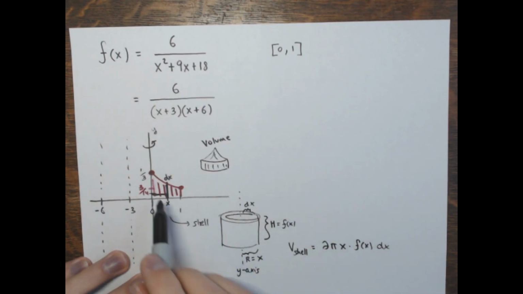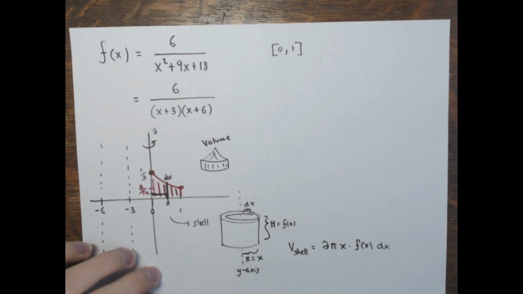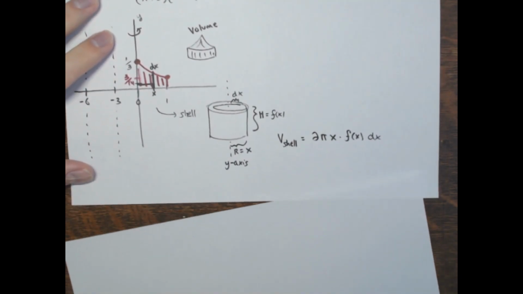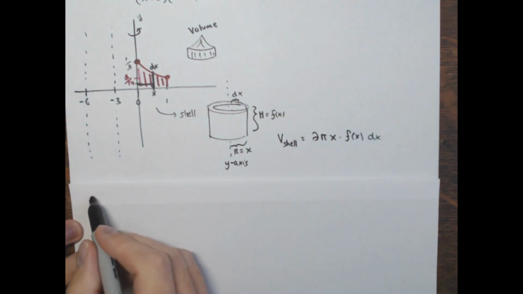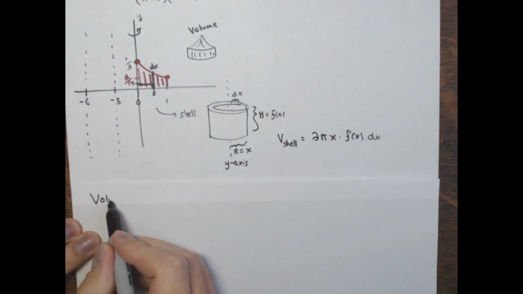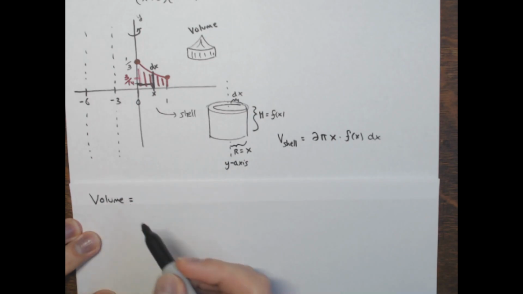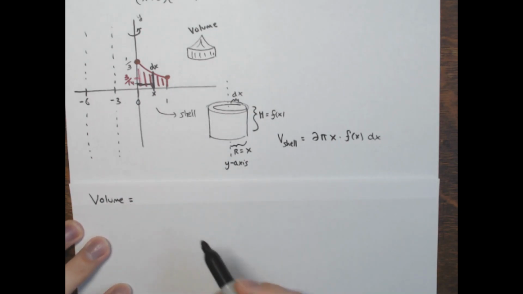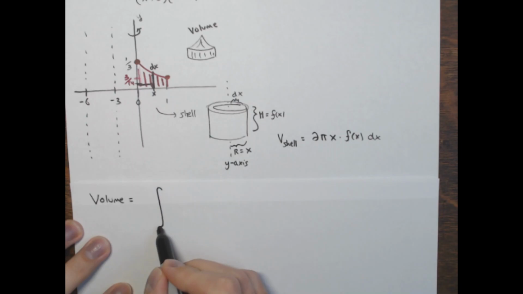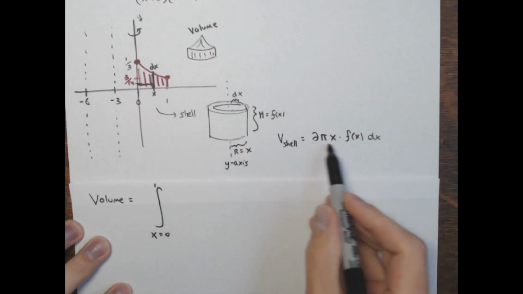And we're adding all these shell volumes up, doing this for every x value from 0 to 1. So I'll write up the integral that gives me my total volume on the next page. The volume of that filled-in solid circus tent would be the integral from x equals 0 to 1 of these shell volumes.